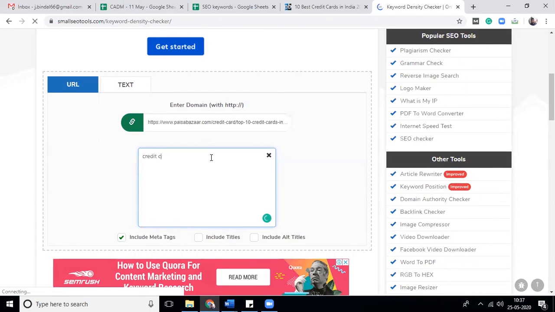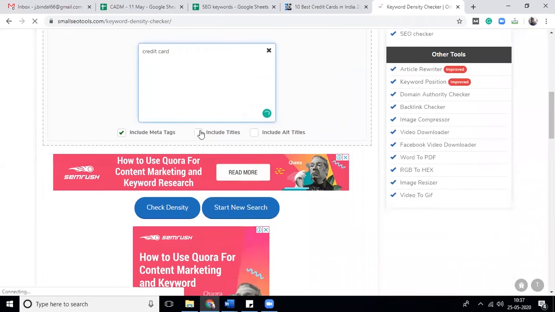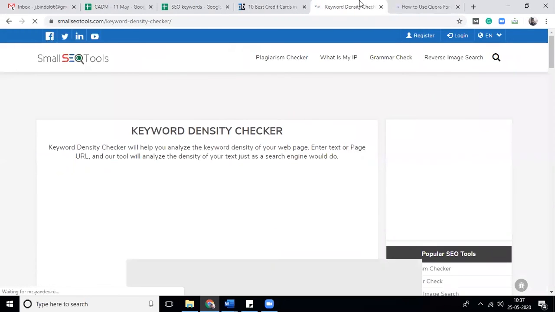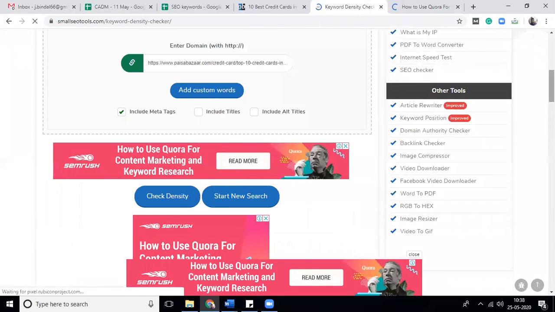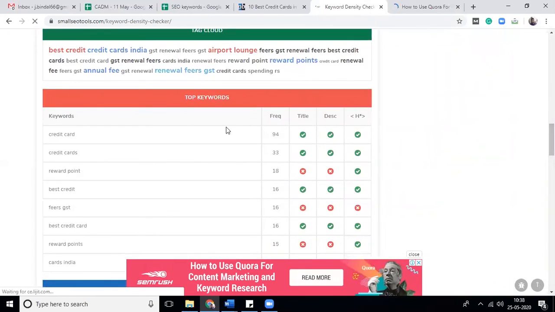To identify this, even though it is not 100%, one way of checking is through a keyword density checker. You can put your website URL over here, or select the second option, text. Then add your custom keyword which you are targeting, which is your keyword on this page, and check the keyword density. This is an interesting article. You can see the way I have entered the keyword, it says credit card is being repeated 94 times and 33 times.